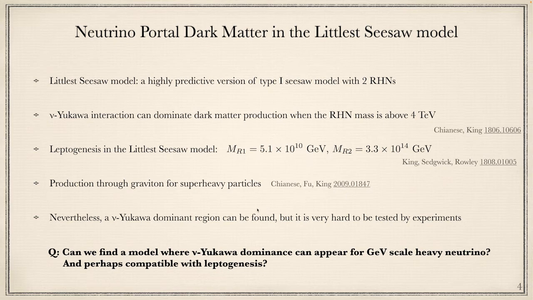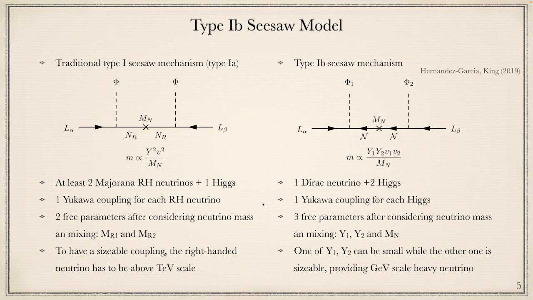And this leads us to a very natural question: can we find a model where neutrino Yukawa dominance can appear for a GeV scale heavy neutrino and perhaps also be compatible with leptogenesis? Then we found the new version of the type 1 Seesaw model, which is called the type 1b Seesaw model.